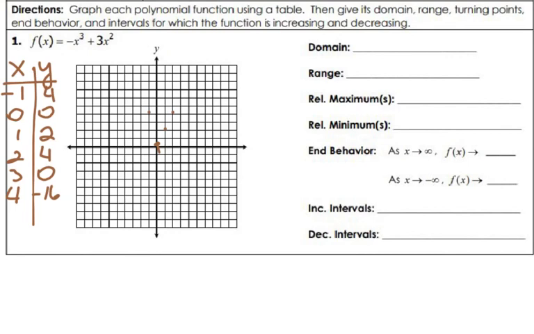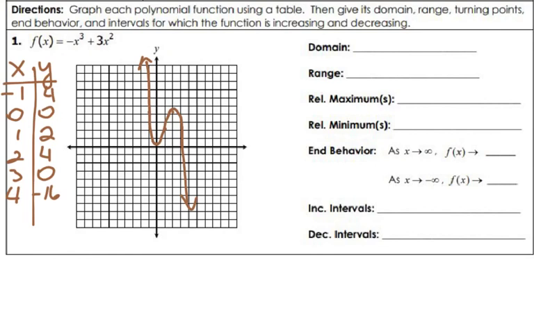I don't think we can fit that. Let me fix this point to the origin. And by looking at your calculator or your Desmos, just make the best effort and connect them with a smooth curve. So this graph looks a little bit like that.